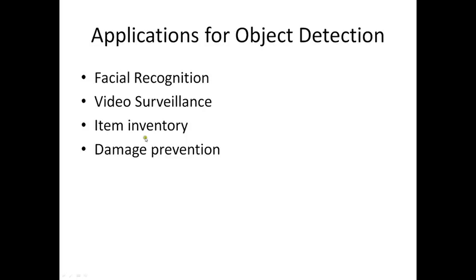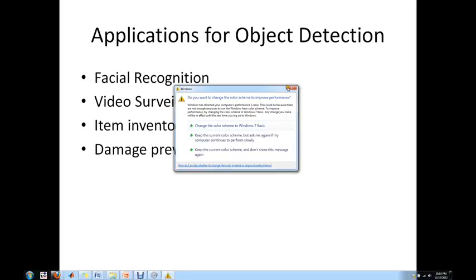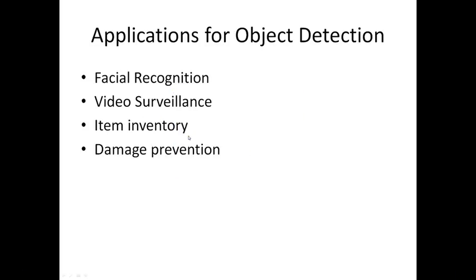Item inventory. In this example, a factory could use object detection for inventorying their items, or damage prevention.